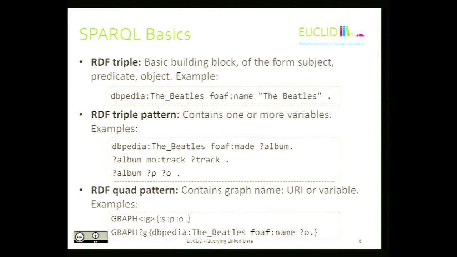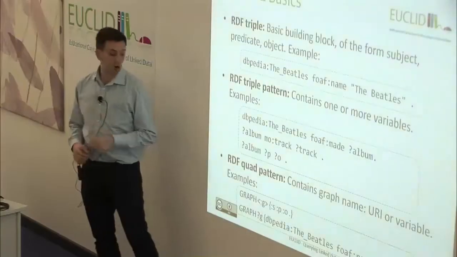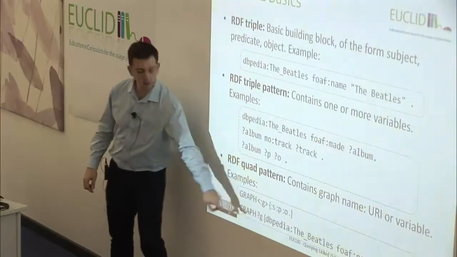Now finally, as promised, these are triple patterns. We can also have quad patterns, where the fourth part in the quad is the name of a graph where the triple is stored or where it's asserted. So we can either be explicit about the graph, so we use a name for the graph and ask for triples inside it, or we can use a variable in the graph position.